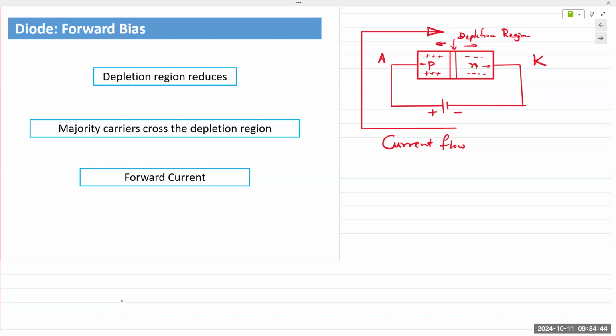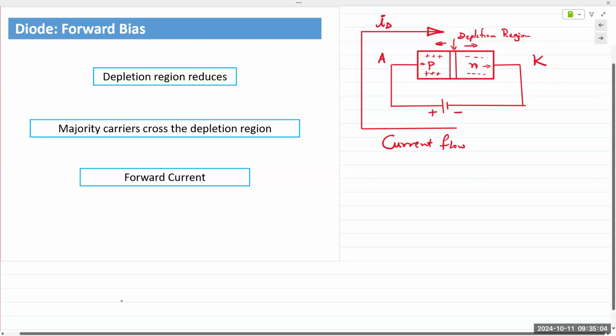We still refer to it as anode and cathode. In a vacuum tube, the cathode is heated up, an energy source is applied, and it speeds the electrons from the cathode to the anode. Current is flowing from the anode to the cathode. Same thing happens here in the solid state version. Current is flowing from the anode to the cathode.